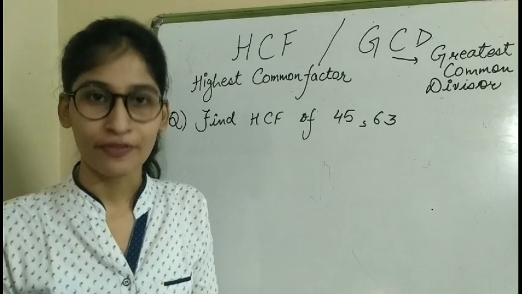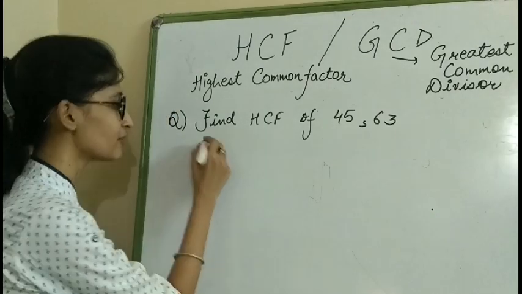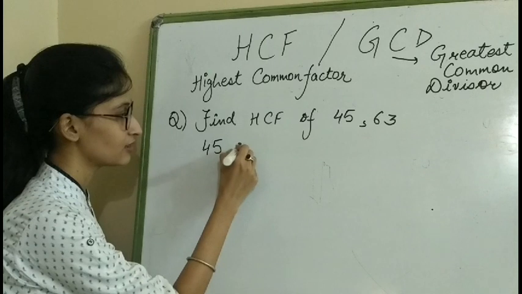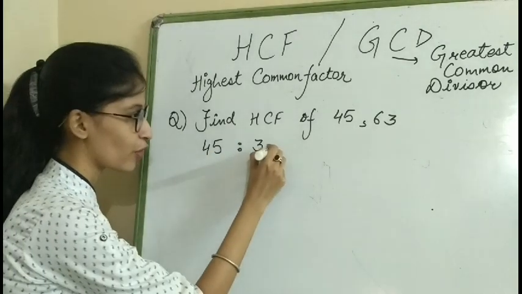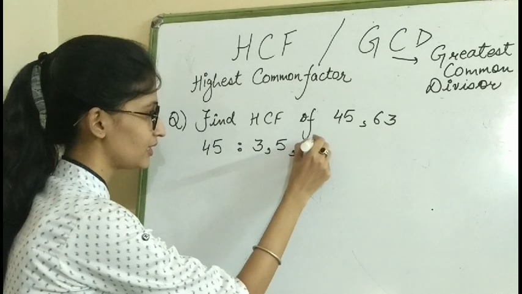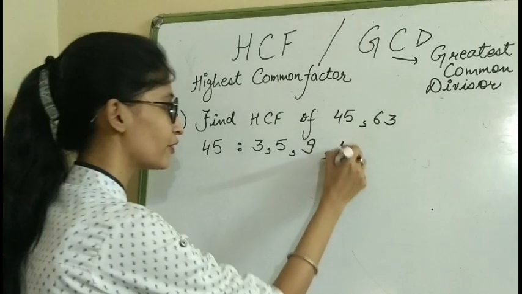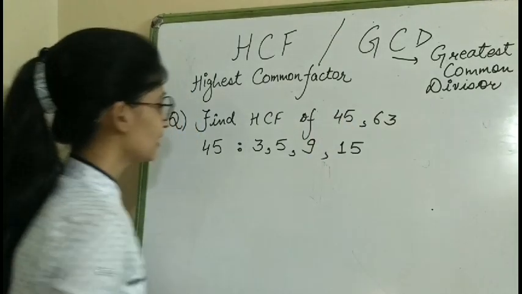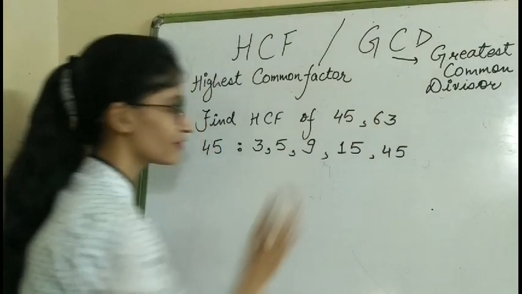On dividing 45 by those numbers, the remainder will be 0. So possible factors of 45: 45 will be divisible by 3. Next, 45 will be divisible by 5. Next number will be 9. Then 45 appears in the table of 15. Next, 45 appears in the table of itself, 45.